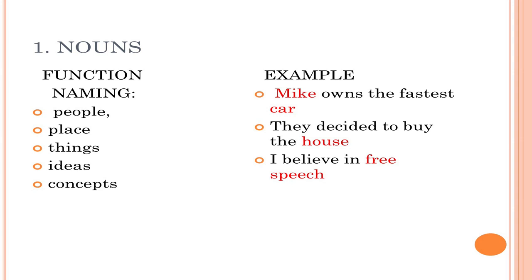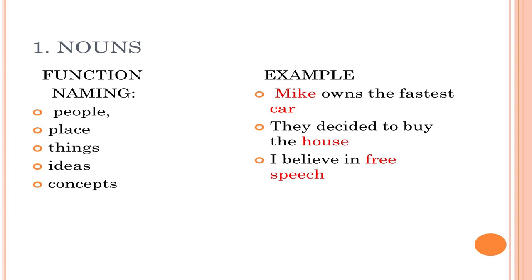The first part of speech we'll be looking at is the nouns. This is about the most important part of speech we have in the English language because you come across it over and over again each time you want to make a statement or you want to write anything.